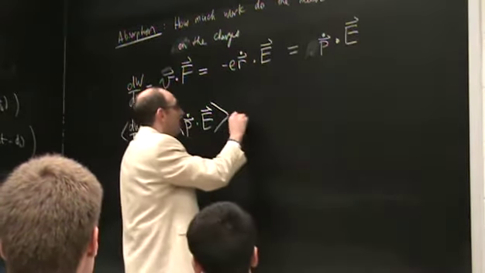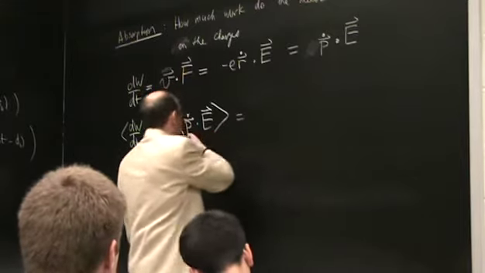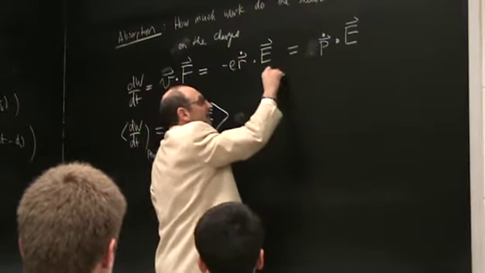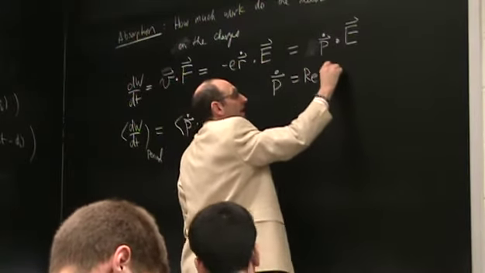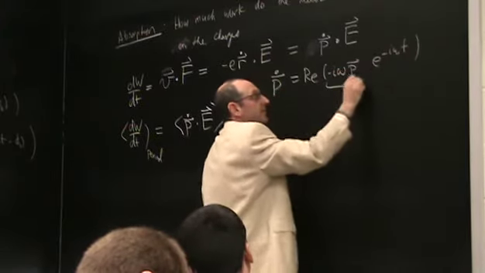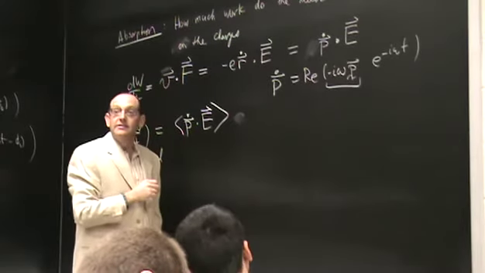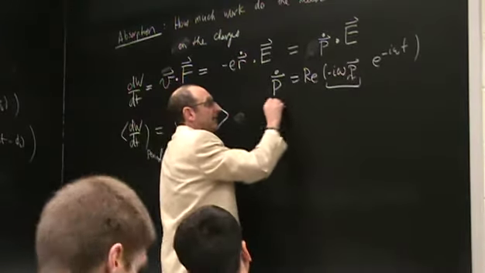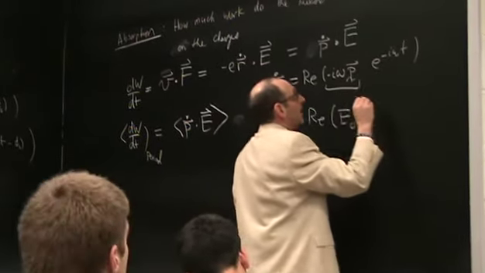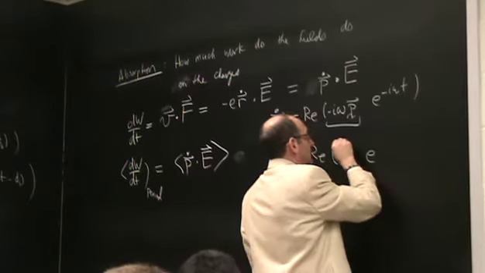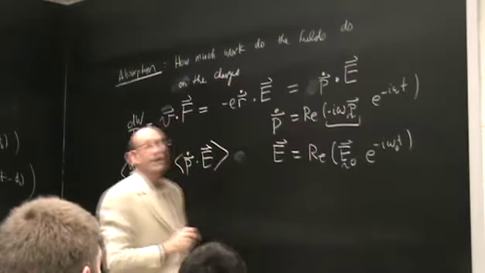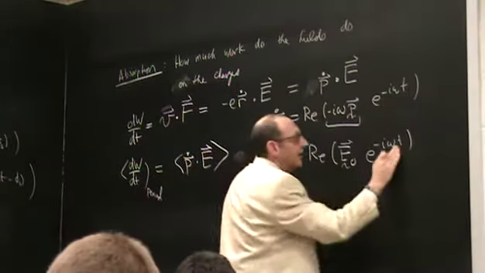So first of all, we have to express this in terms of the complex amplitudes. P dot is the real part of minus i omega P twiddle, e to the minus i omega t. So this is the complex amplitude of P dot. And E is the real part of E naught twiddle, e to the minus i omega t. This is the complex amplitude of E. Sorry, no omega naught, it's omega.